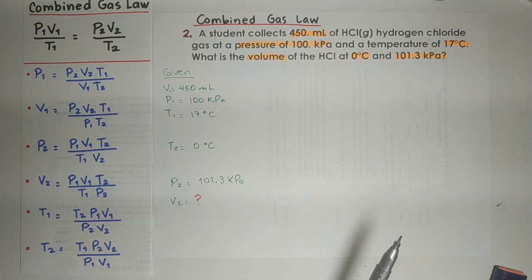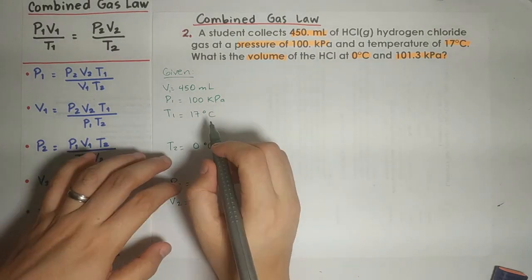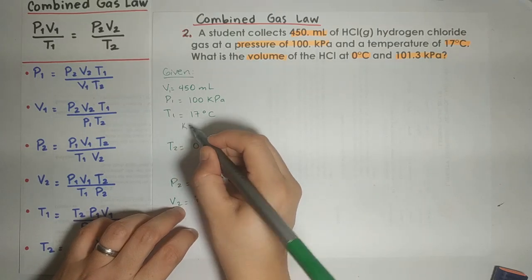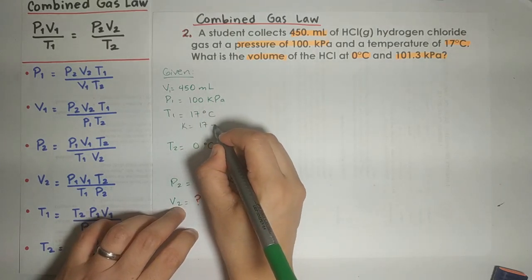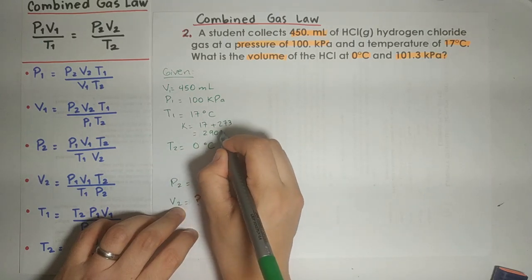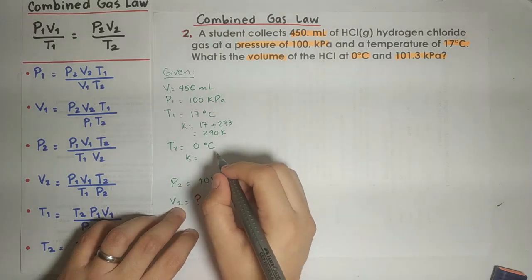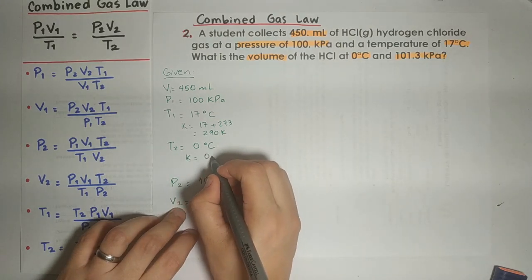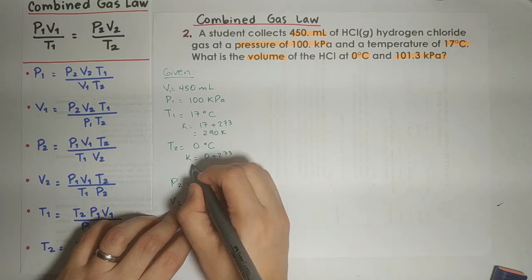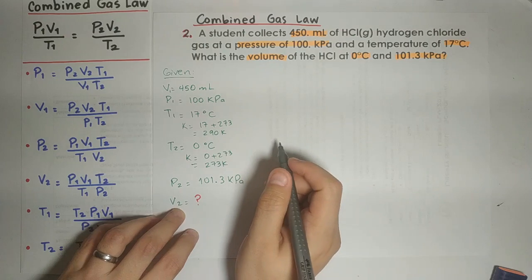Okay, so I wrote the givens, and as I told you before, for gas laws we need temperatures to be in Kelvin, so we do the conversion from Celsius to Kelvin. So Kelvin will be 17 plus 273, so this is 290 Kelvin. And temperature 2 in Kelvin will be 0 plus 273. This is equal to 273 Kelvin.